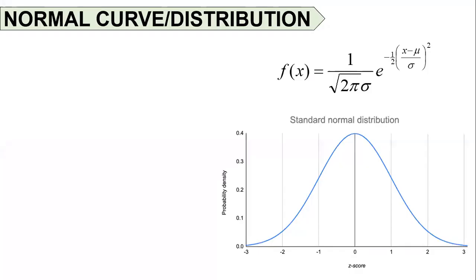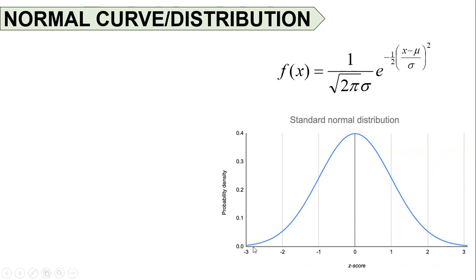So probably some of you have heard of what we call the normal curve or your normal distribution. The standard normal distribution is, if you could see here, in fact a bell-shaped curve, which is actually defined by this f of x as this function.